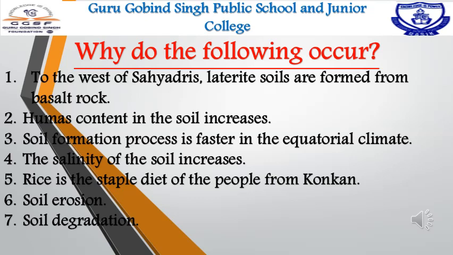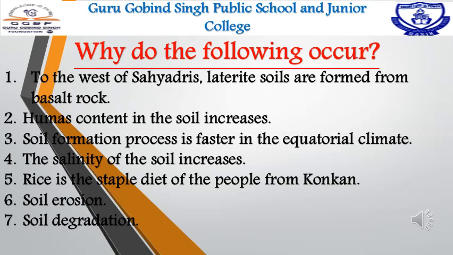Then children, the next one is the salinity of soil increases. This occurs due to excessive irrigation as it draws up the salt from the soil. Then rice is a staple diet of the people of Konkan. This occurs because rice is grown on a large scale in the Konkan region, because there the soil is suitable for its production.